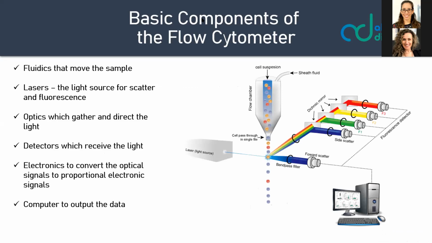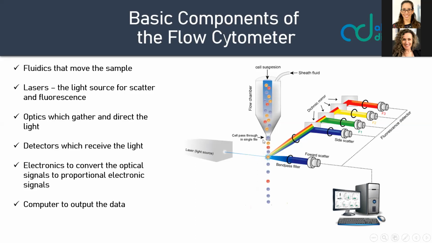So now to the basic part. Let's talk about the basic components of a flow cytometer. As you can see here, we have the fluidics that moves the sample. And this is actually a very narrow stream of sheath where the cells are organized in a narrow line in order to get them one by one near the interrogation point, where the laser actually hits the cell.